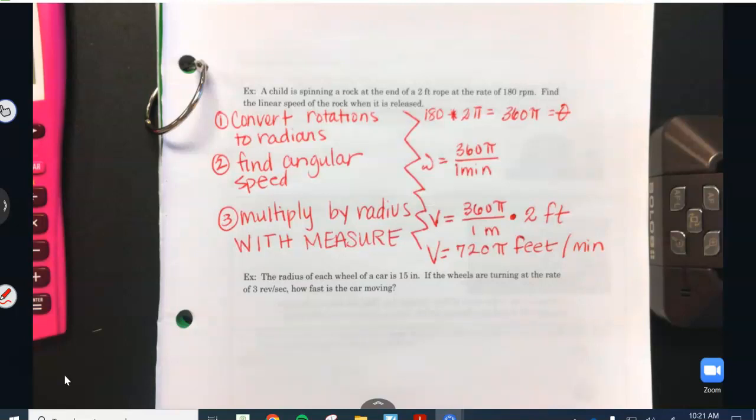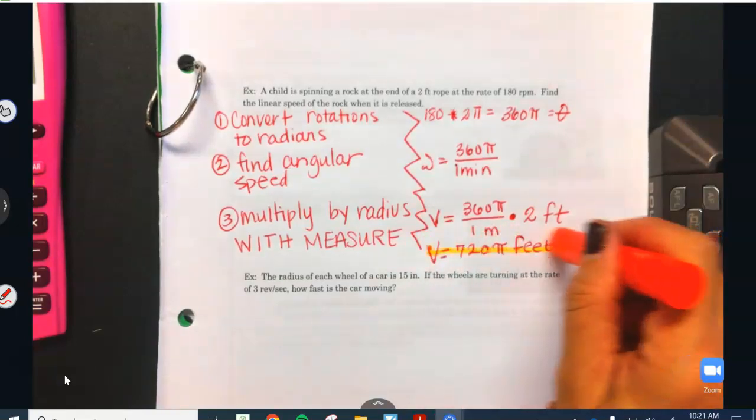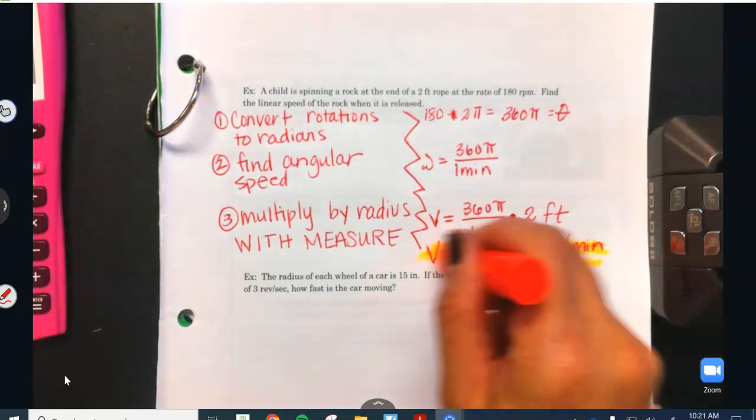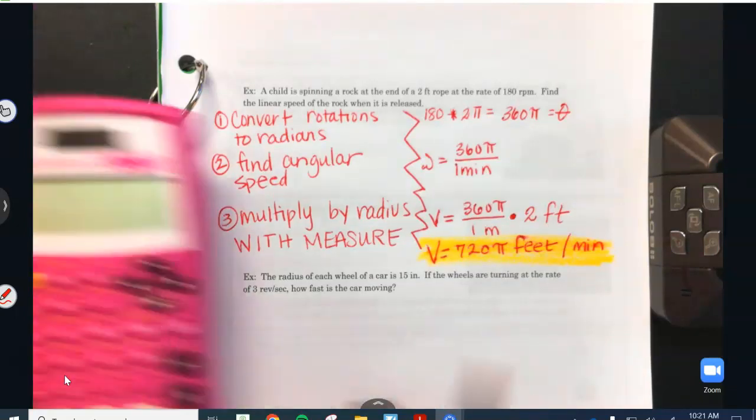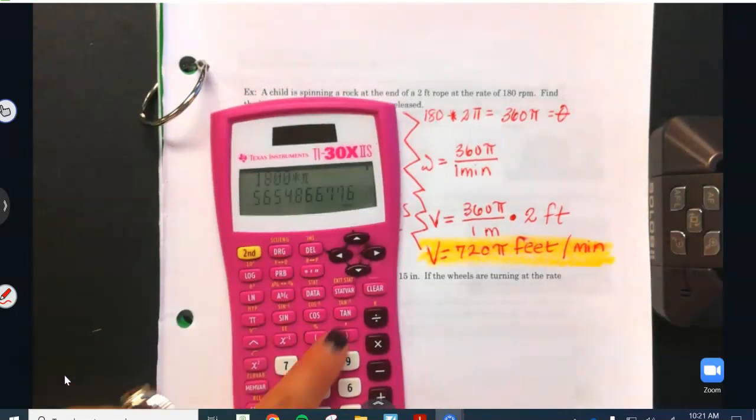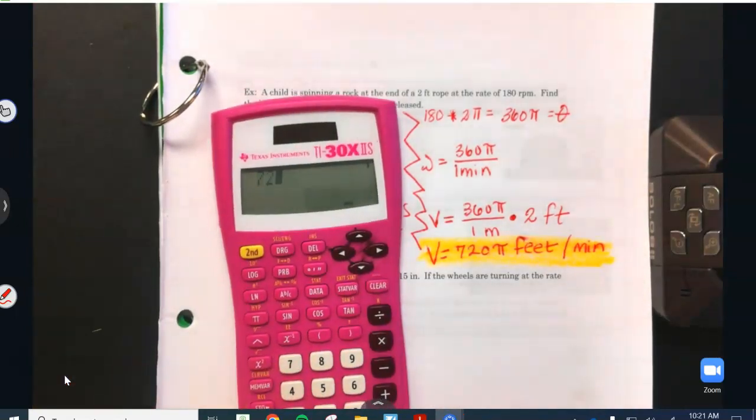What is that? That's exact form. How do you know? Because there's a pi symbol. I have no idea how fast that is. If I ask you how fast you run and you say 720 feet pi per minute, I have no idea what that is. So let's go ahead and find our rounded answer. Let's do 720 times pi.